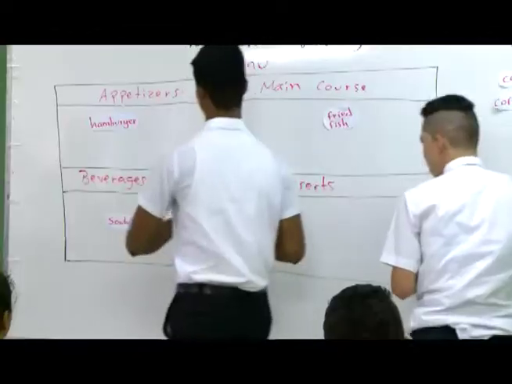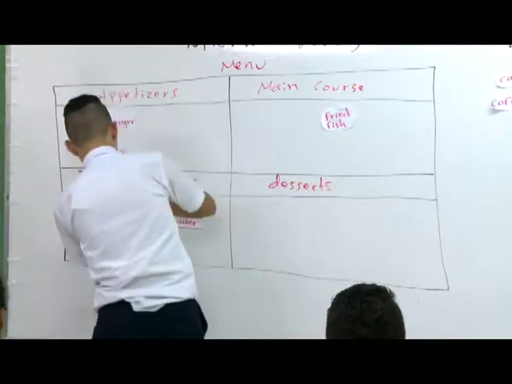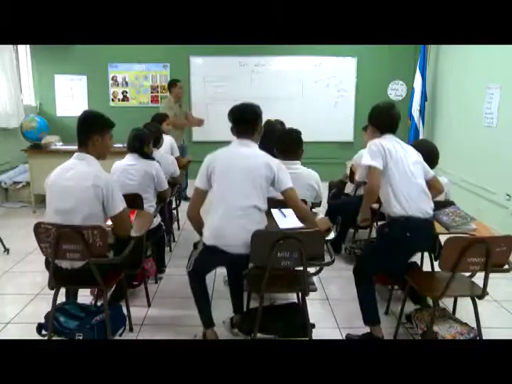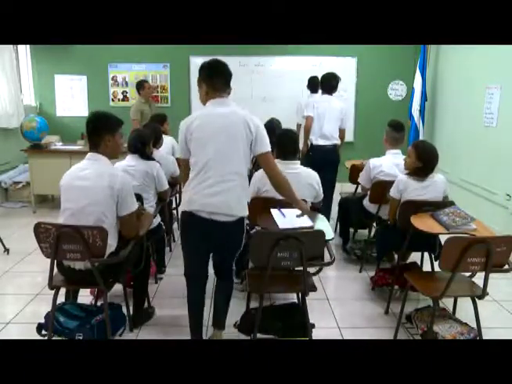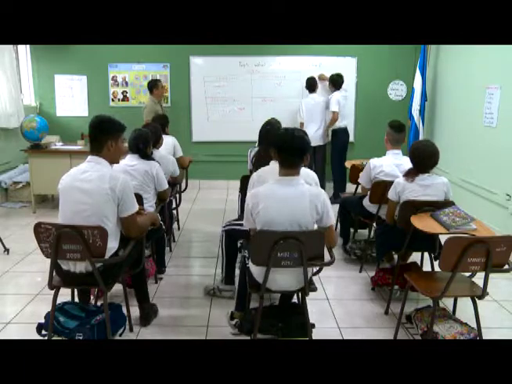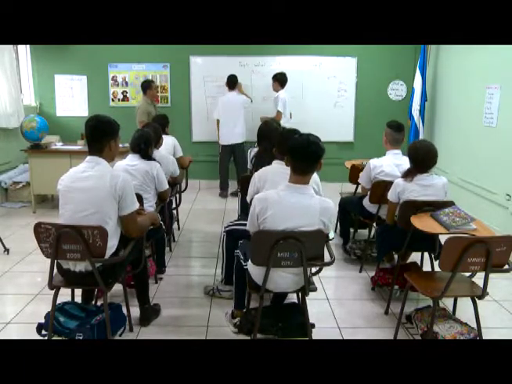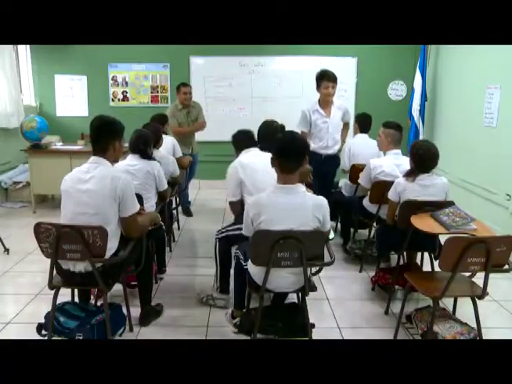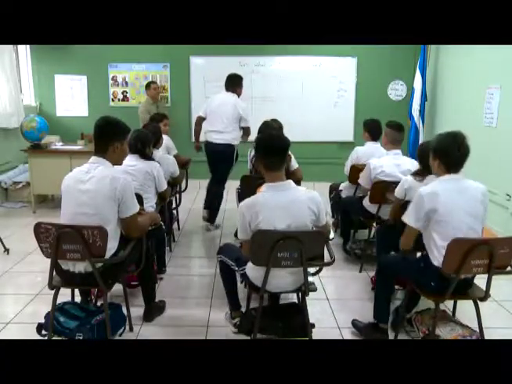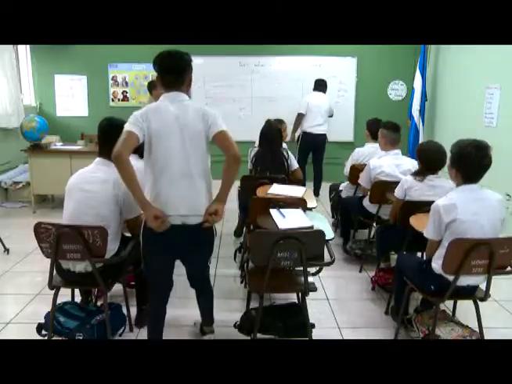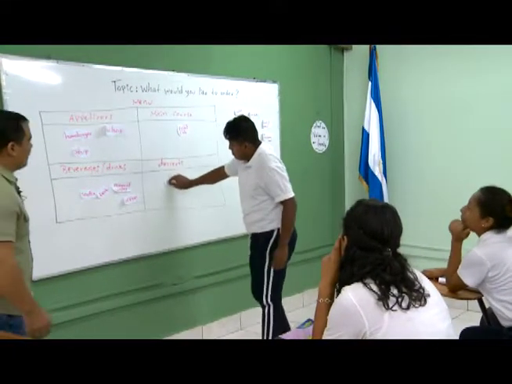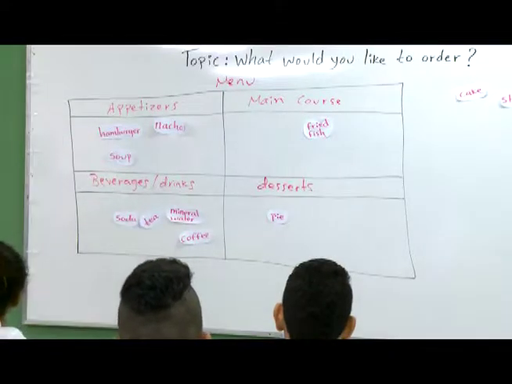We're talking about appetizers once again. 1, 2, 3 desserts. 1, 2, 3 drinks. 1, 2, 3 main course.